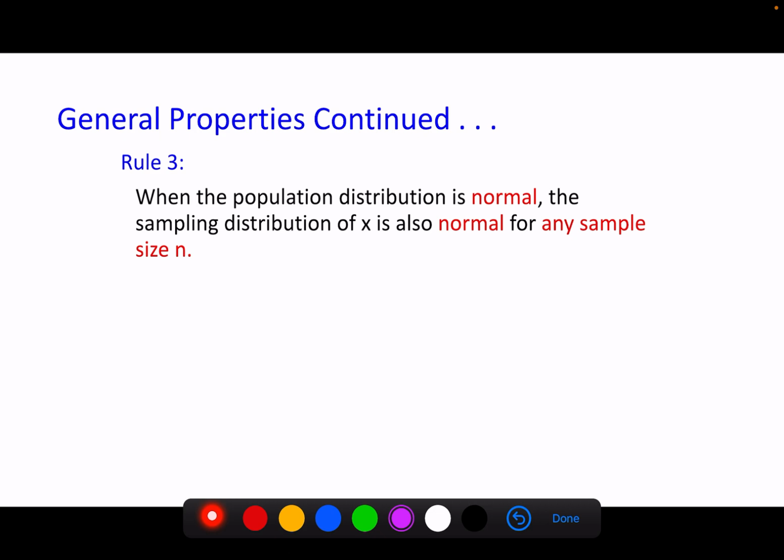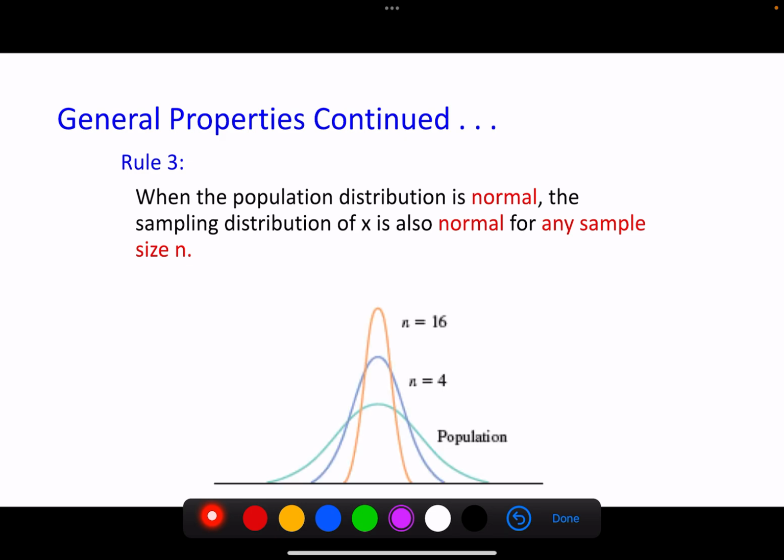Rule 3: when the population distribution is normal, the sampling distribution of the mean is also normal for any sample size N. So we have this picture here.